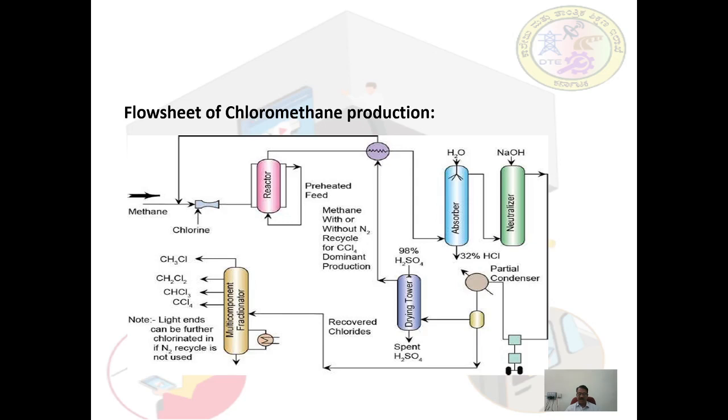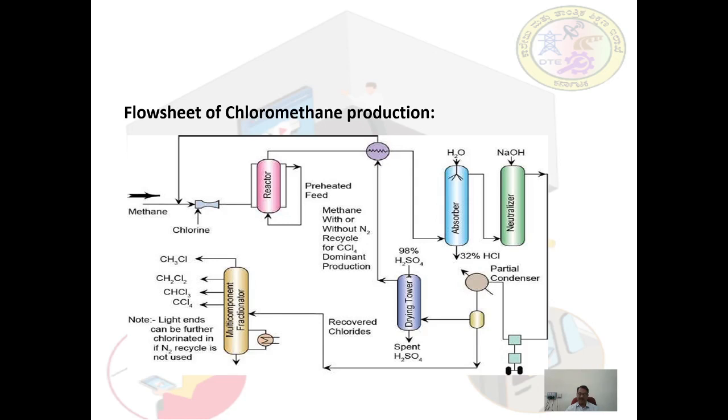Water absorbs HCl to produce around 32% hydrochloric acid. This hydrochloric acid is taken out from the bottom, and the chloromethane is then sent to a neutralization unit where it is neutralized with sodium hydroxide.